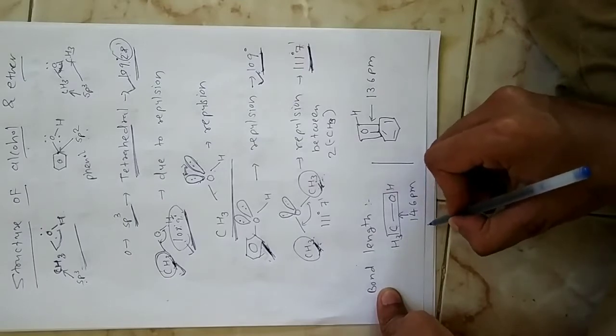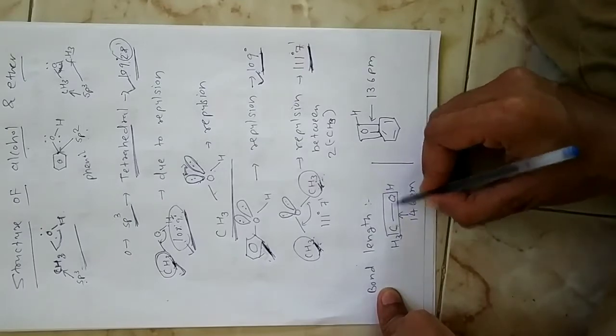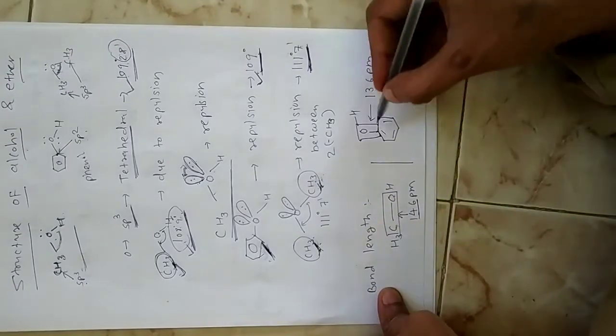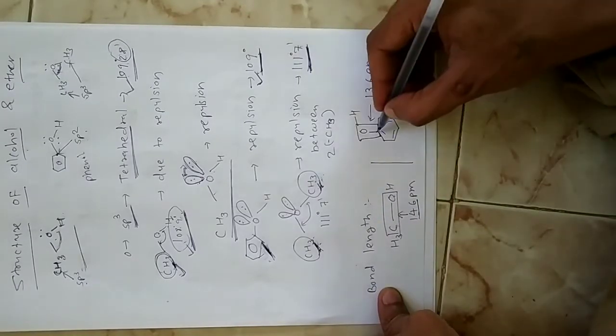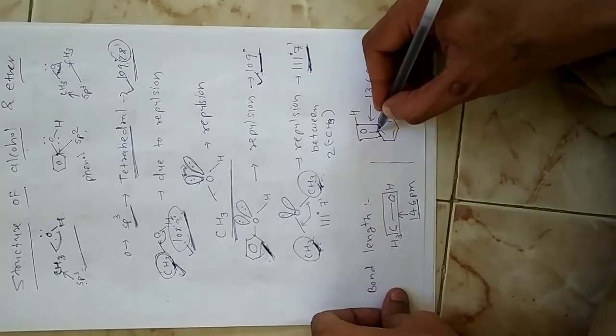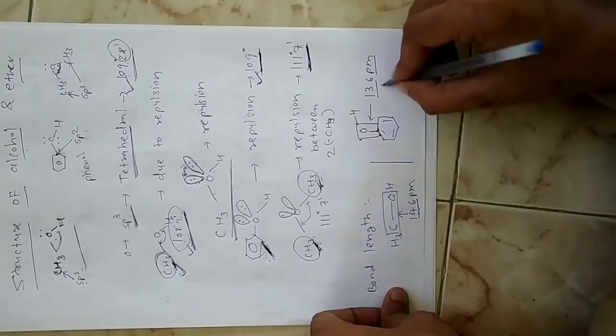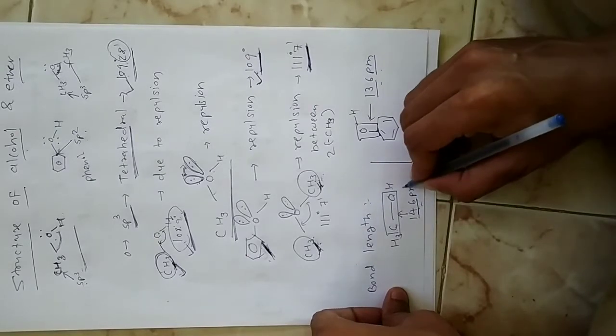In the alcohol group, the distance between carbon and oxygen is 146 picometer, but in phenol, the distance between carbon and oxygen is 136 picometer. Why is it less than alcohol?